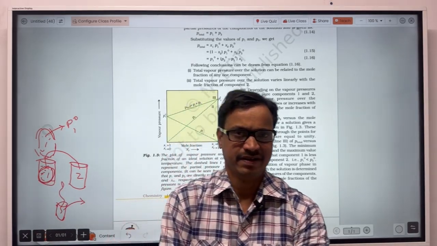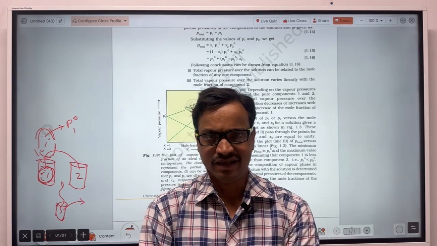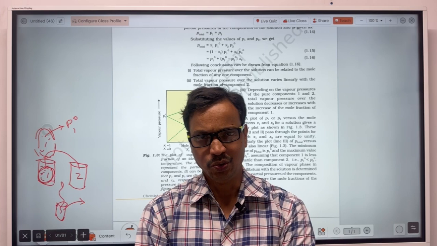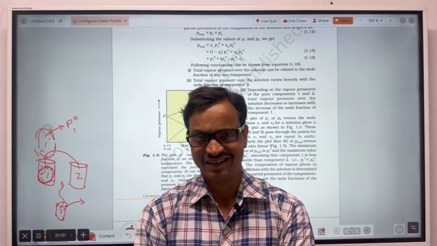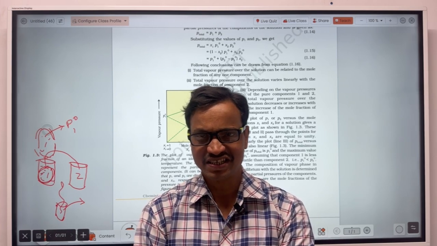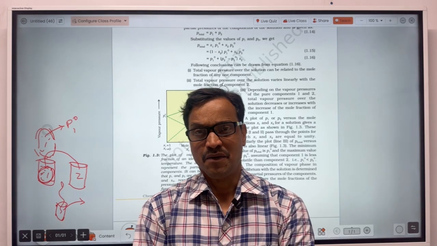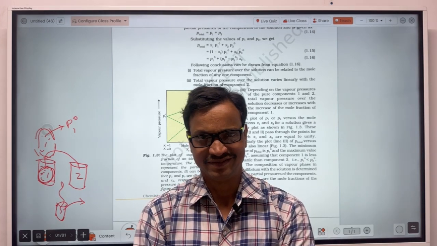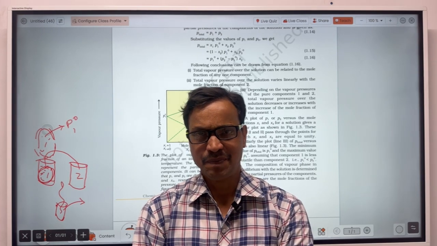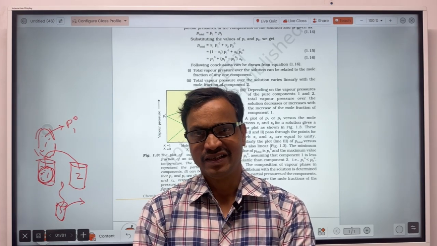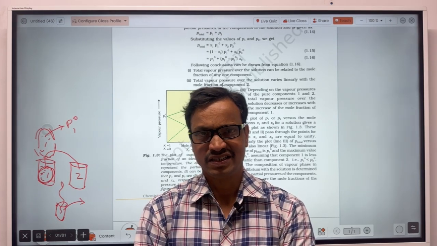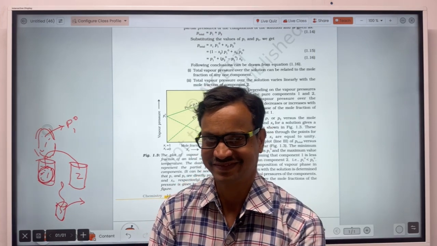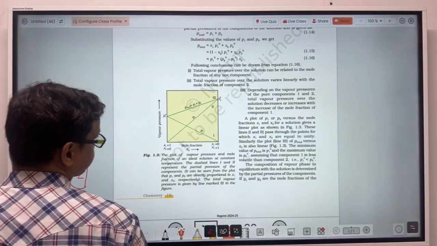In the same way, P degree 2 will be the vapor pressure of liquid 2 in pure state, or the maximum vapor pressure of liquid 2. Okay guys, now let's see.